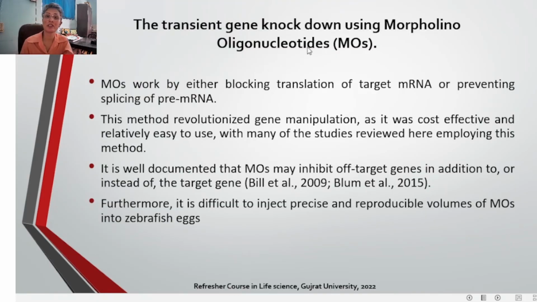Now the transient gene knockdown using morpholino oligonucleotides, known as MOs. MOs work by either blocking translation of the target messenger RNA or preventing splicing of the pre-messenger RNA.